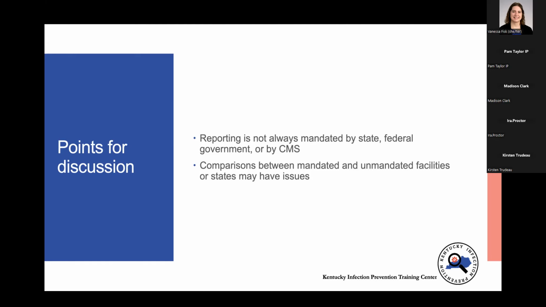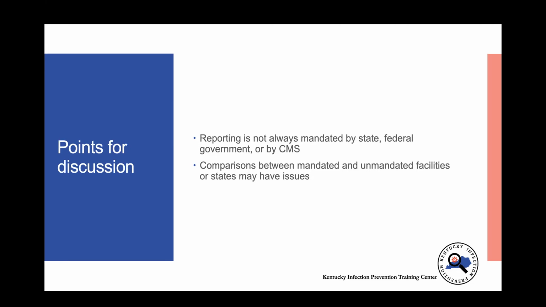And so, for example, if there's no mandate, then there is not as much incentive if you are a facility with higher SIRs, because facilities could kind of cherry pick what they want to present. So, for example, if you look at CLABSI in unmandated states, all of their SIRs are less than 1.